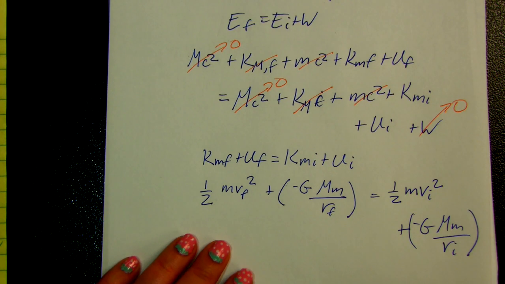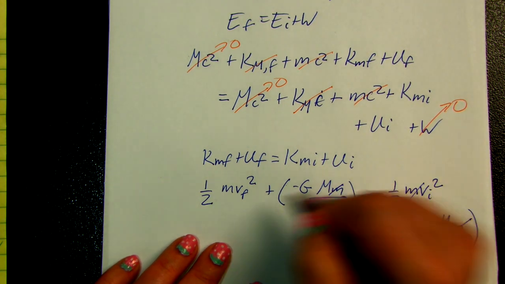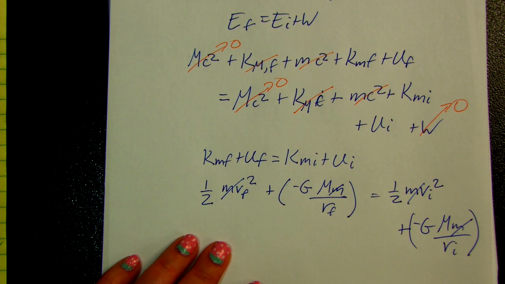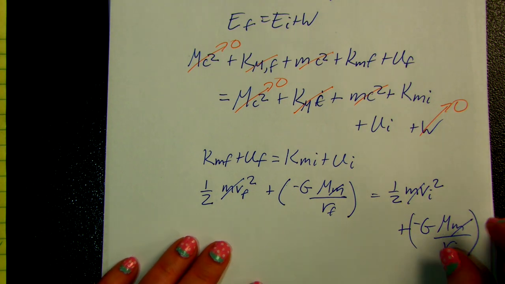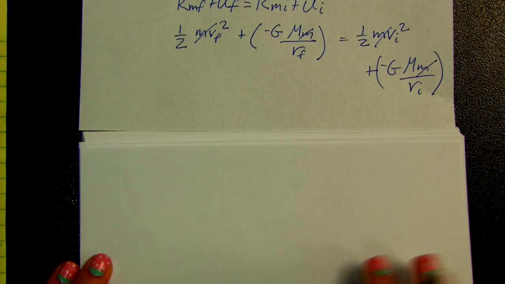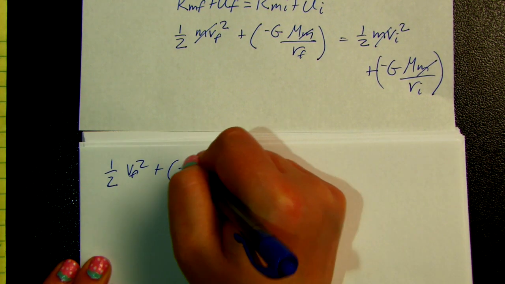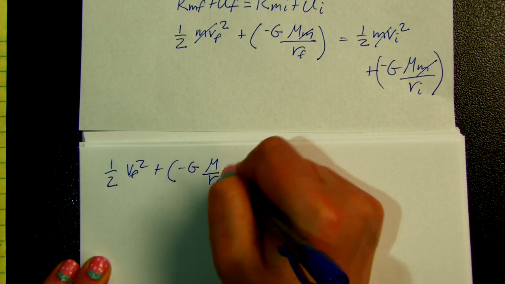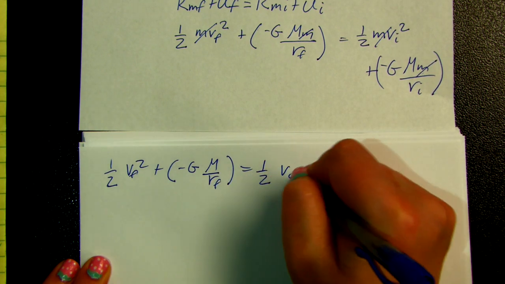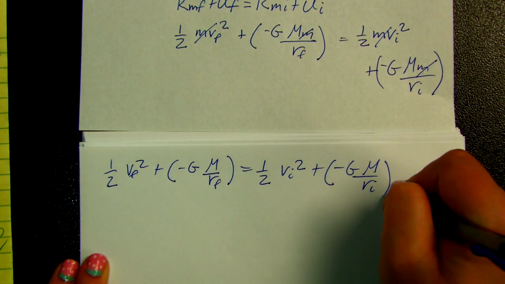All of these terms have the mass of the probe in them, so it just cancels out. I like it. Building with this equation, we have 1/2 v final squared plus minus G M over r final is equal to 1/2 v initial squared plus minus G M over r initial.